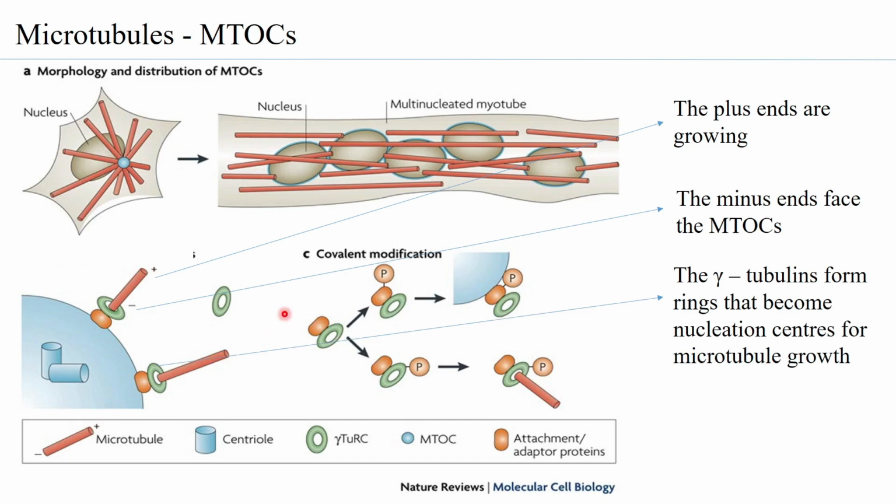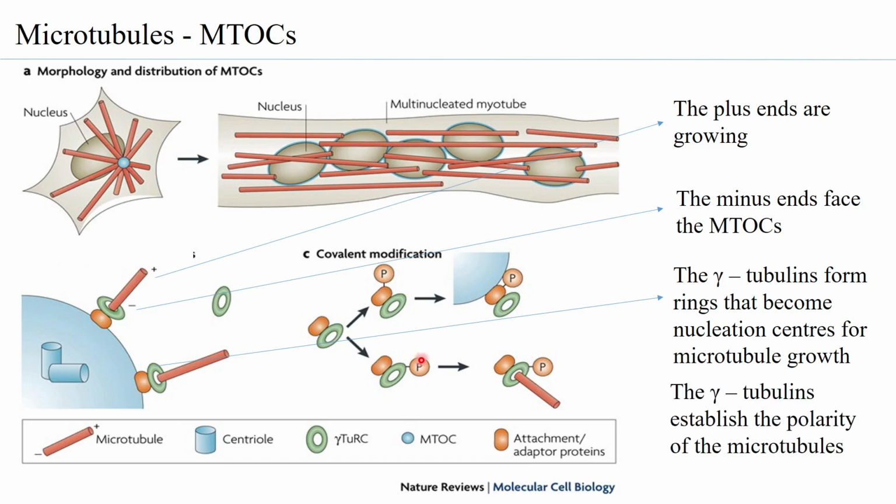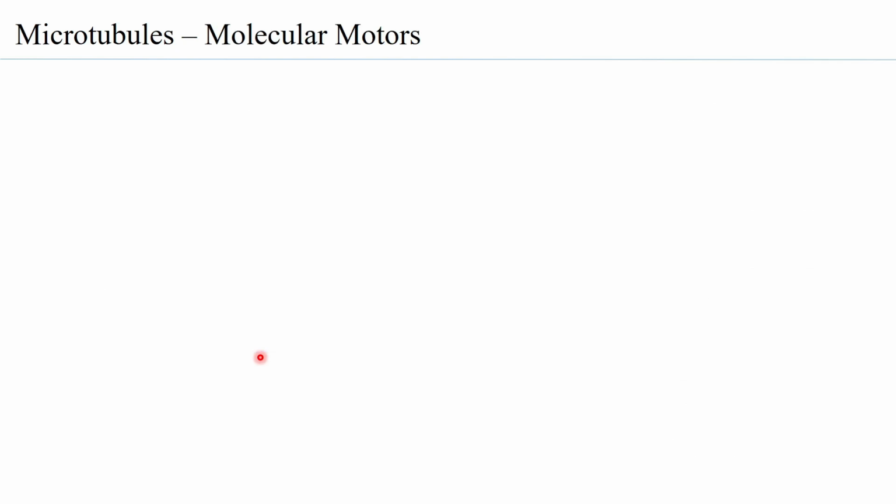The gamma tubulins, as mentioned, form rings that become nucleation centers for microtubule growth, and it is the gamma tubulins that preferentially bind to the alpha tubulin, and since they preferentially bind to the alpha tubulin, the negative or the minus end is always found towards the MTOC, because the gamma tubulin preferentially binds to the minus end. So therefore, you can see that it is the gamma tubulins that are establishing the polarity of the growing microtubule, minus being towards the MTOC and the plus being away from the MTOC.